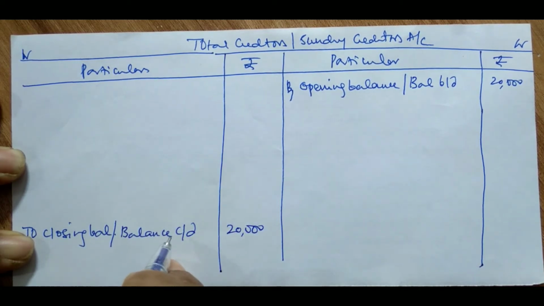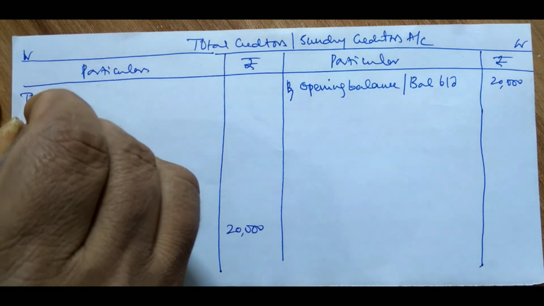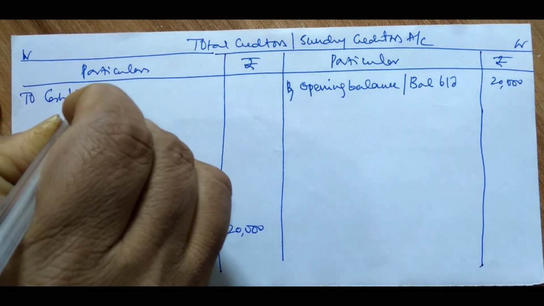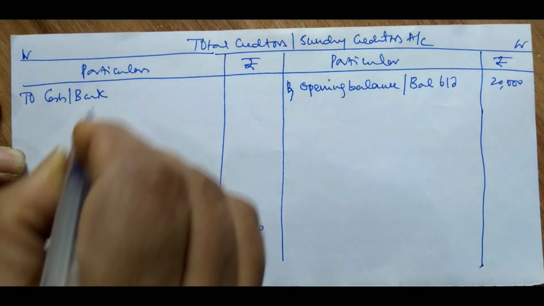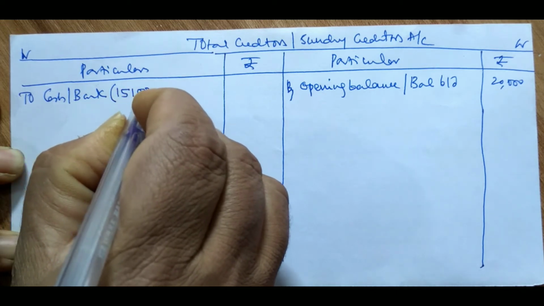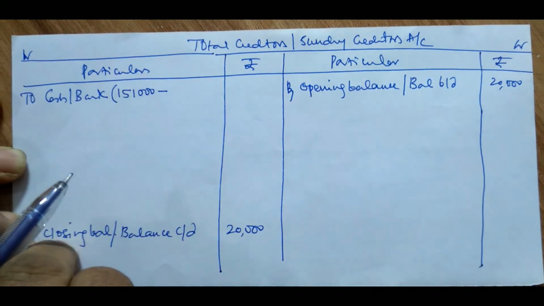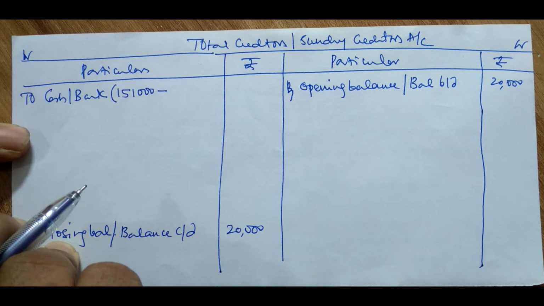Cash paid to suppliers or creditors must be taken debit side, cash or bank account. But the total amount paid is 1,51,000. But out of 1,51,000, there is an amount of rupees 10,000 which is paid to A towards machinery. The machinery account is a fixed asset account.